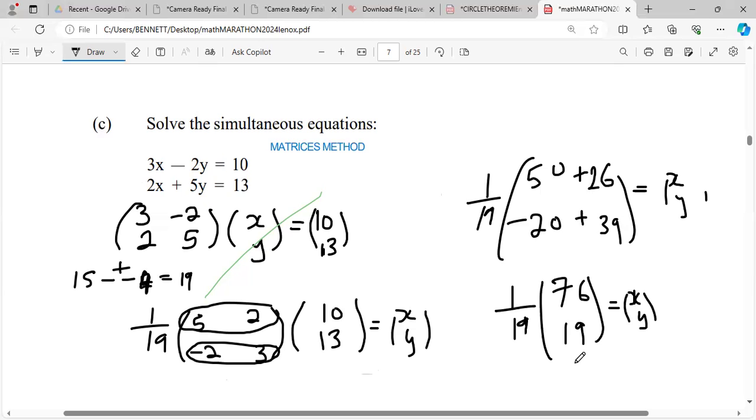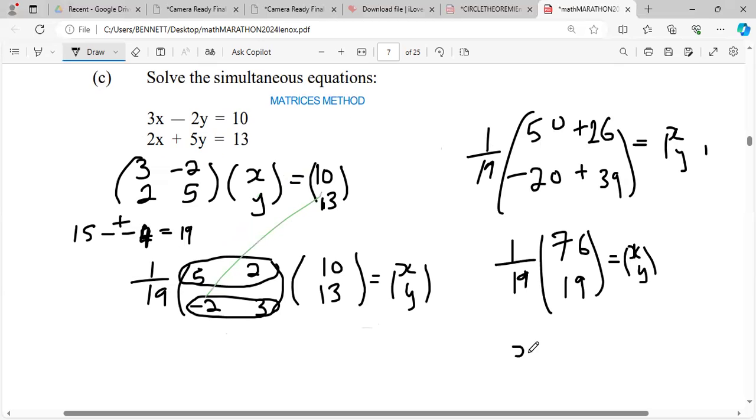So x is equal to 76 divided by 19, which works out to 4. And 19 by 19, which works out to 1, which is y.